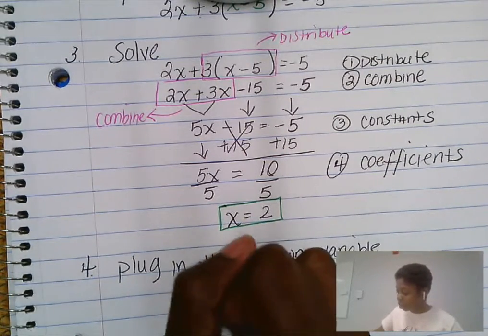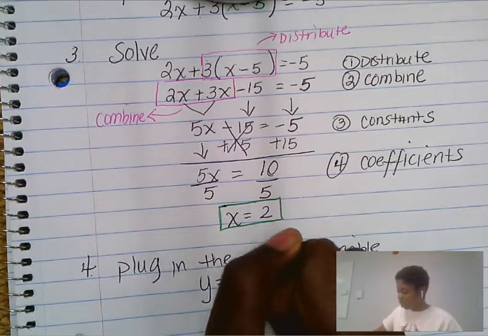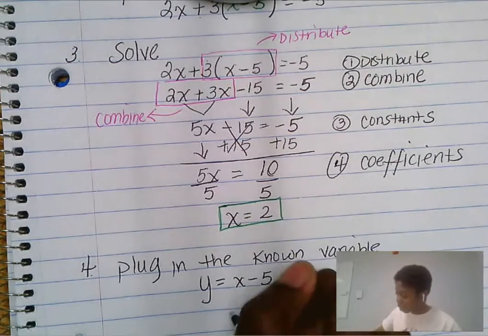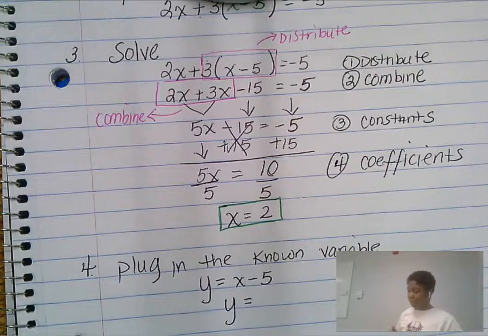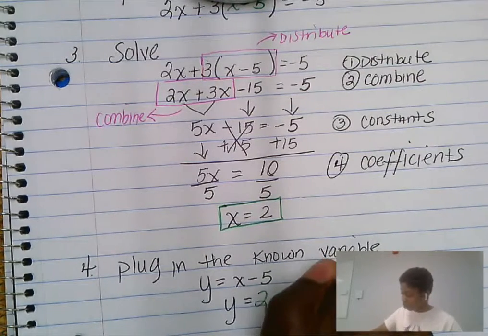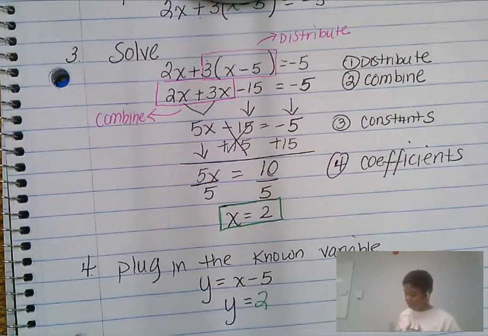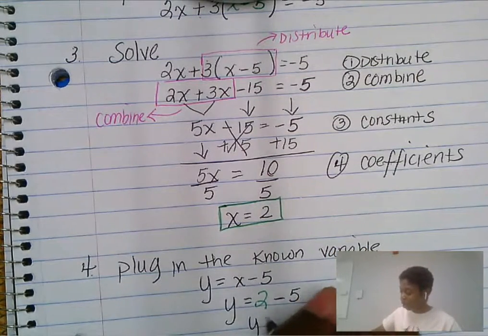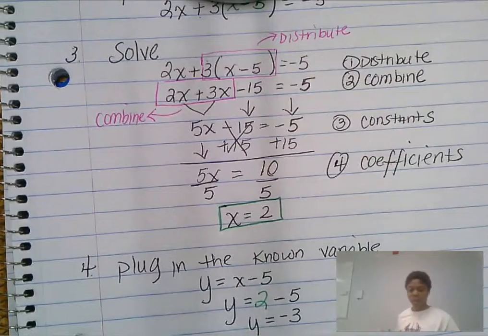Our equation was y equals x minus 5. But again, we already know what x is equal to. So we're going to rewrite this as y equals, and x is going to be 2, and we have our minus 5. So ultimately, y equals negative 3.